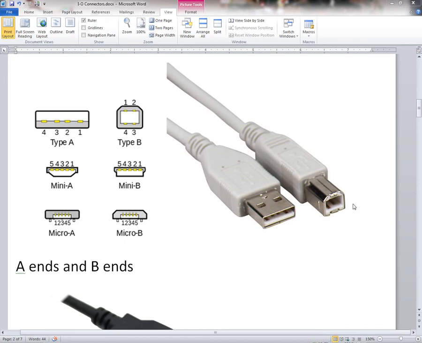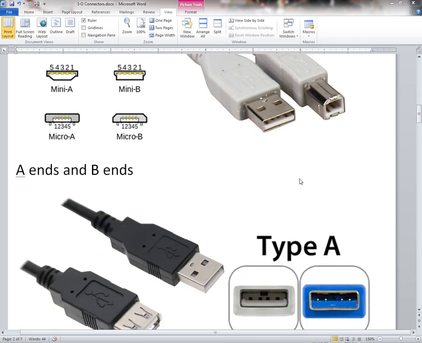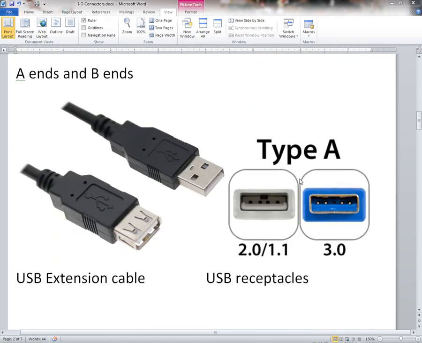But now we have USB 3.0. So you can see we have the two different receptacles, and notice USB 3.0 is indicated by blue. And there is a very specific reason for this. There's a couple of reasons for this. One is the actual physical makeup of the 3.0 connector.